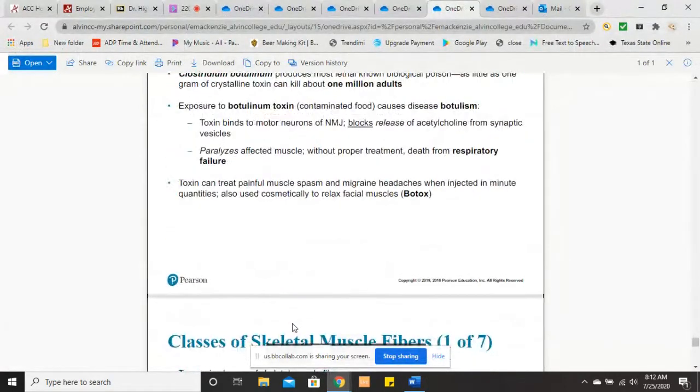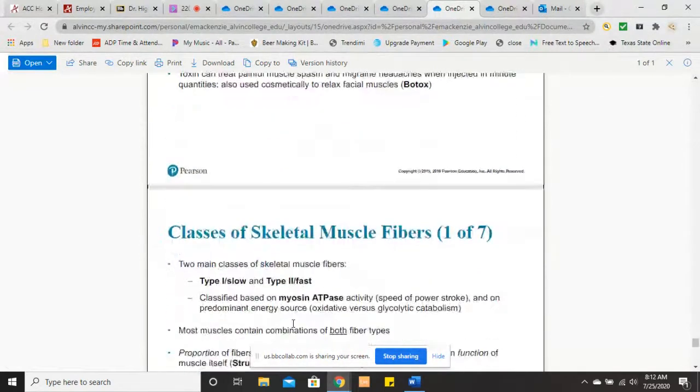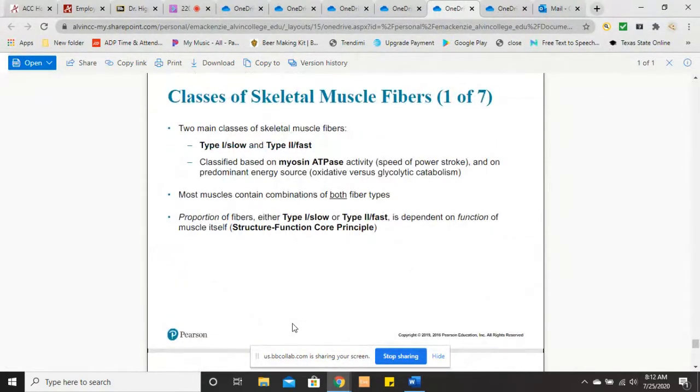And then I mentioned we're going to have to compare the different types of muscle cells. There are type 1 fibers and type 2 fibers. Type 1 fibers are sometimes called slow fibers because they contract slower, while type 2 fibers are called fast because they contract faster. And the reason why one is slow and one is fast has to deal with their myosin ATPase activity.